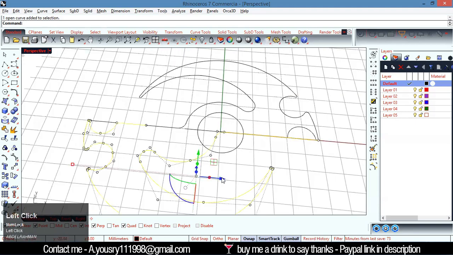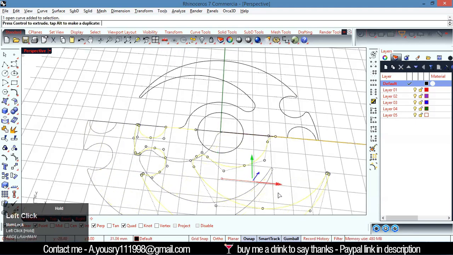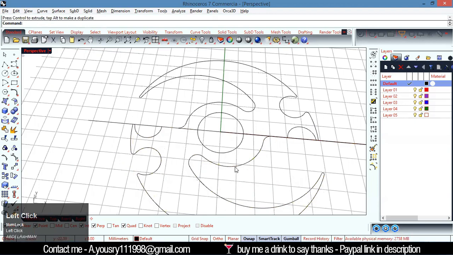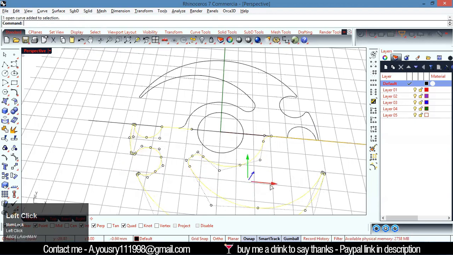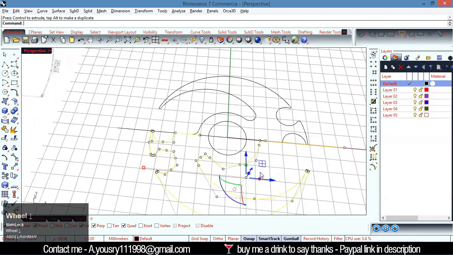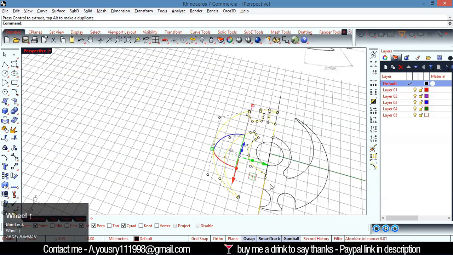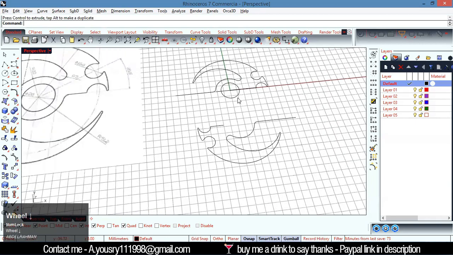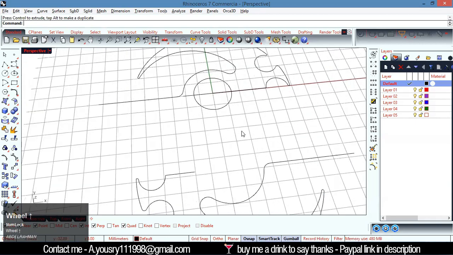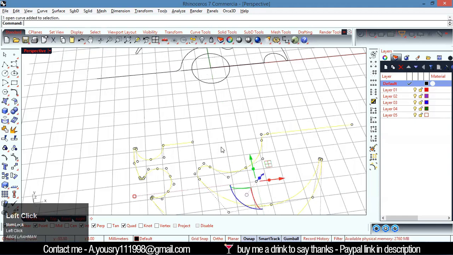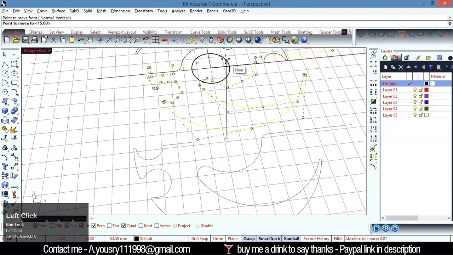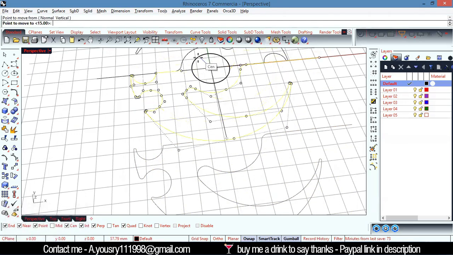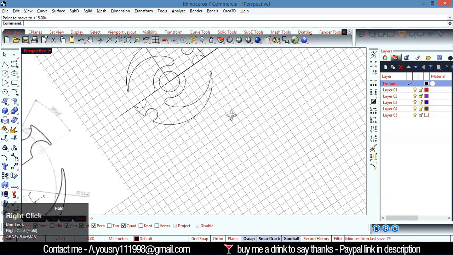And then move them in the center. Move center is here, and also center here.